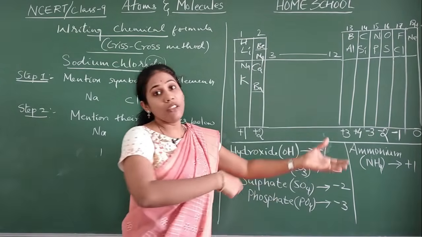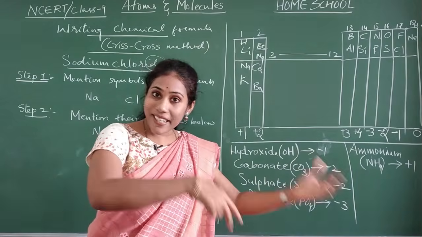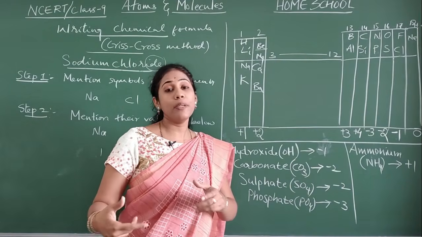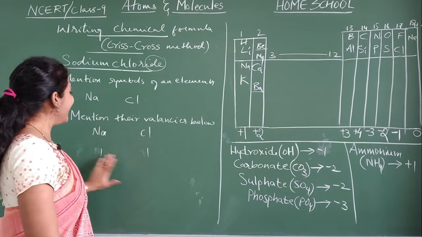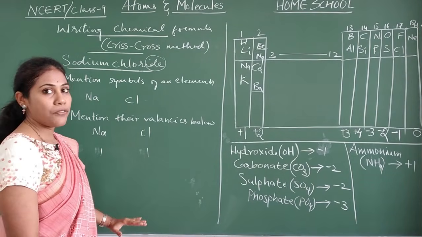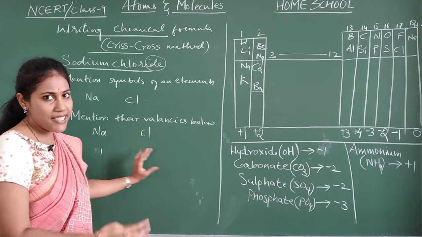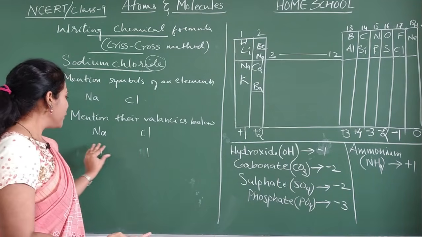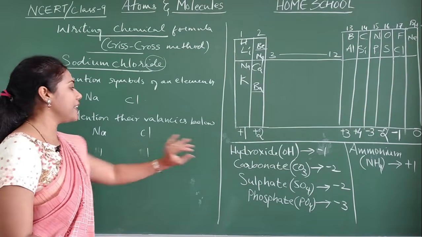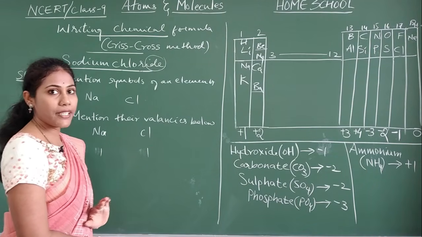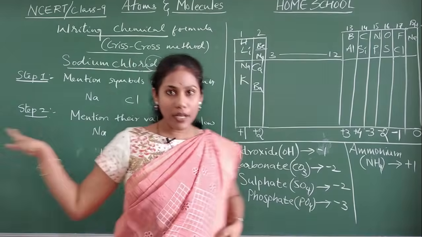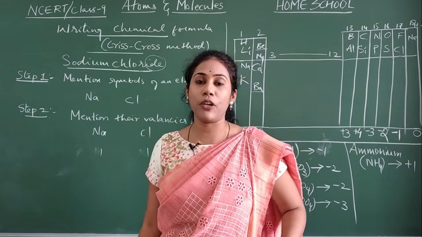Those elements always gain, that is take electrons from others. How many? 1. So here you need not indicate the sign. For writing a formula, valency is necessary, guys, but you need not consider the sign. Only the digit you consider. That is enough. The sign has no importance here for writing a chemical formula.